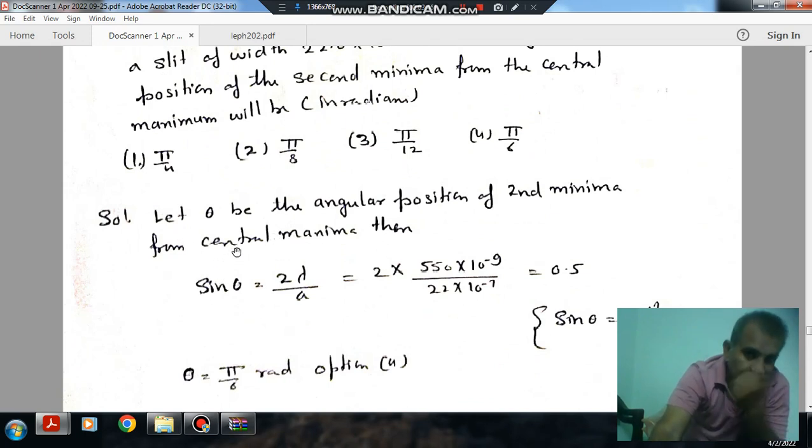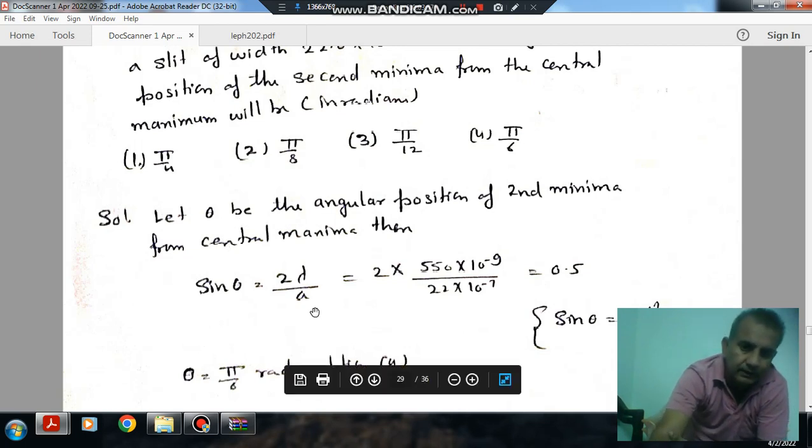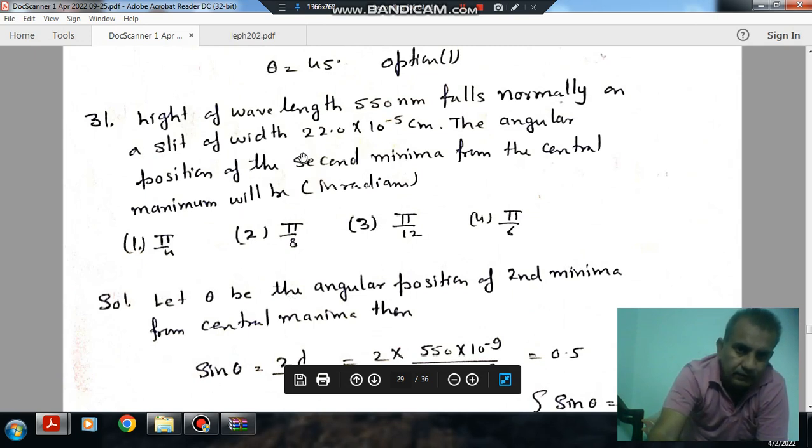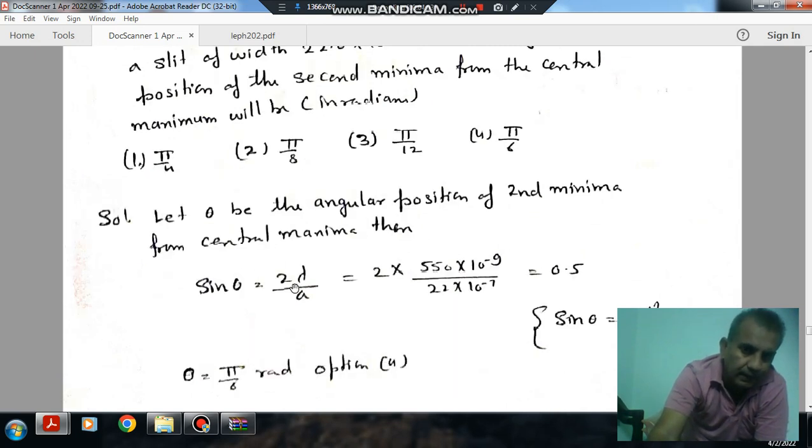We know that if the angle theta is not small, then the angle theta in terms of wavelength and slit width is given as sin theta is equal to n lambda by a, because it is the second minimum.